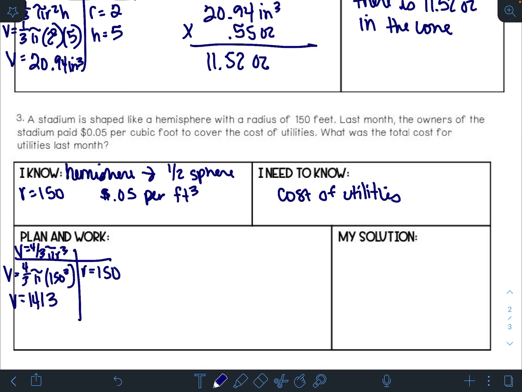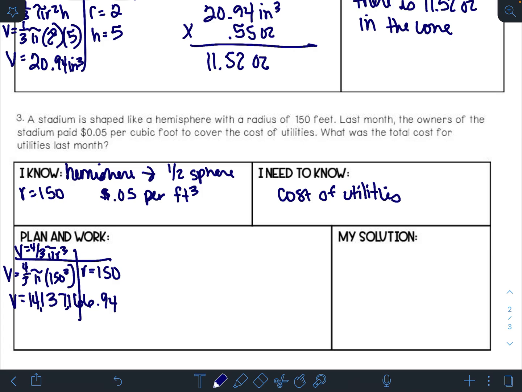Hold on one second, I'll read it out after I write it down. It's 14,137,166.94 cubic feet. That's for the entire sphere.